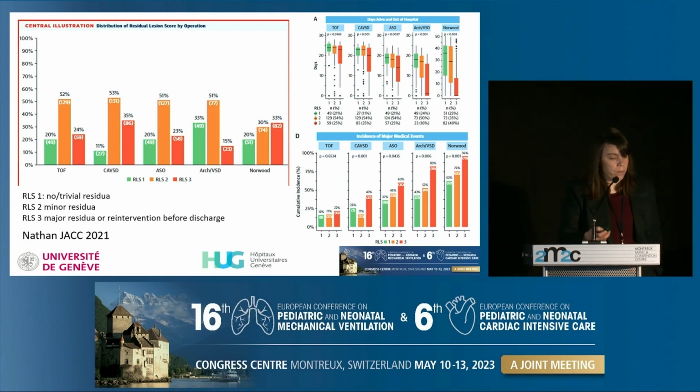It's no surprise that complete AVSD and Norwood are the lesions that are more prone to residual lesion. And there is an association between residual lesion and major medical events and length of stay in the hospital, so it's important to look for them.